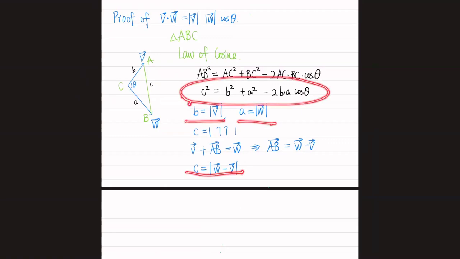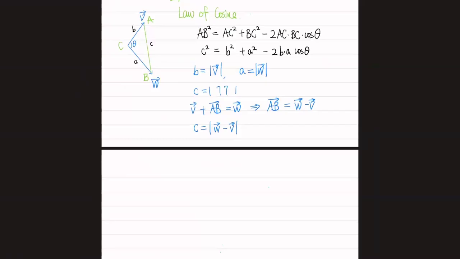We start with c squared. That's the norm squared, w minus v squared. How do we simplify the norm squared?